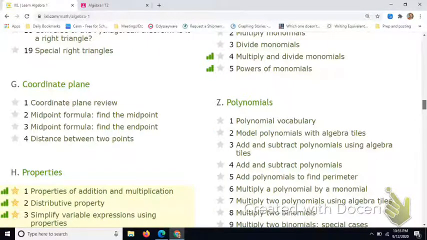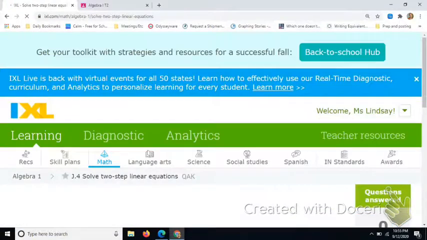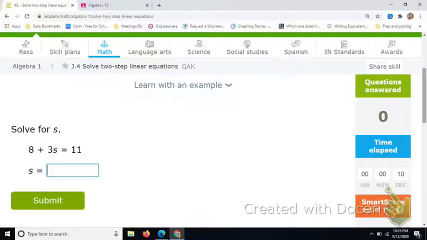So when I just say J4, I mean in Algebra 1, section J, Lesson 4. Also, I will have recommended things to you, so you will see that skills have been recommended or suggested.